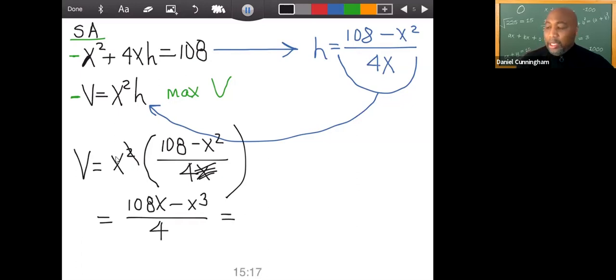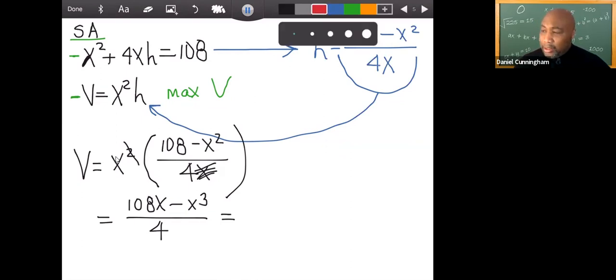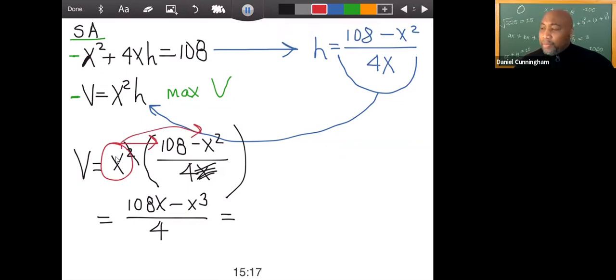You may want to know where I get that 108x minus x cubed: I multiplied the x all the way across the denominator. Don't forget there is an x right here; multiply it, called the distributive property.